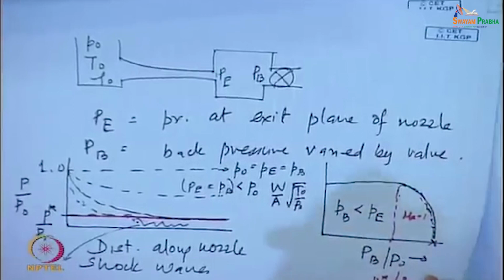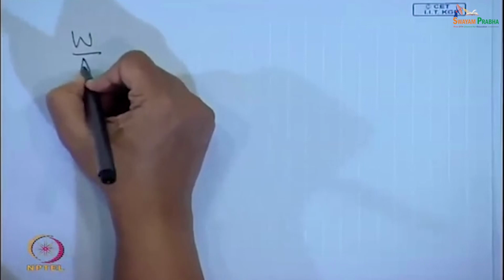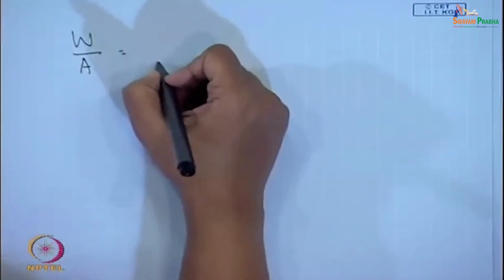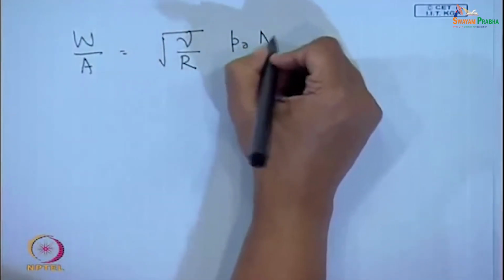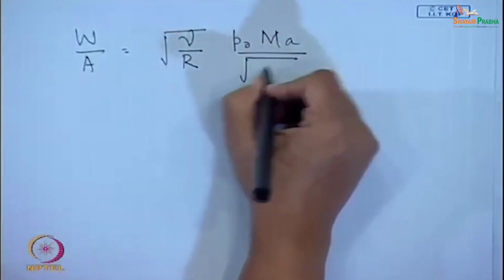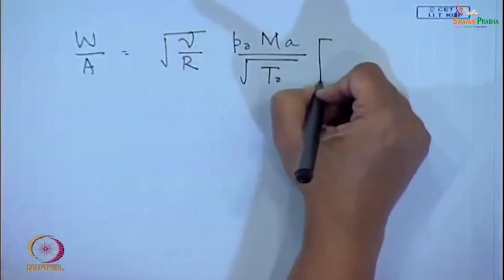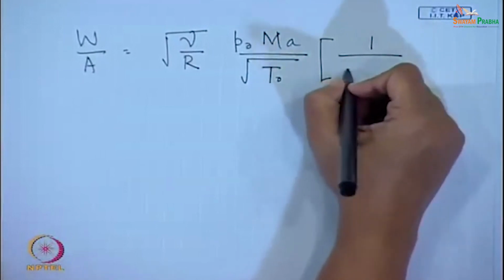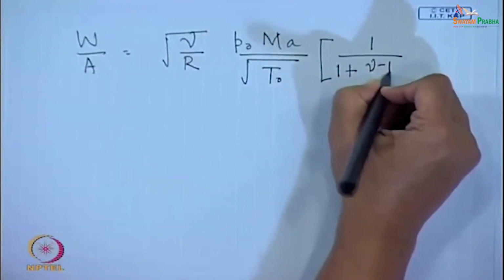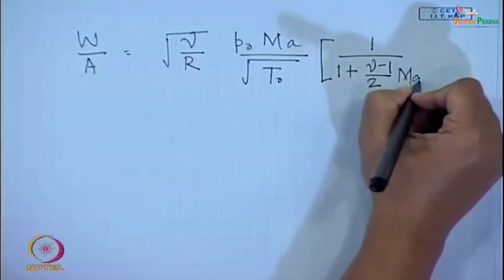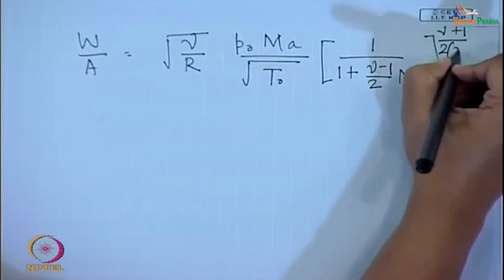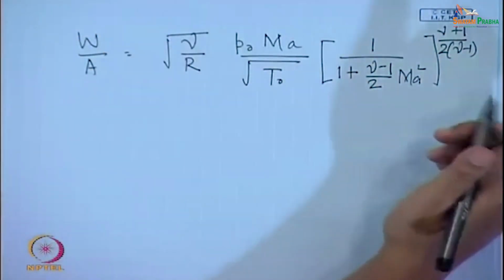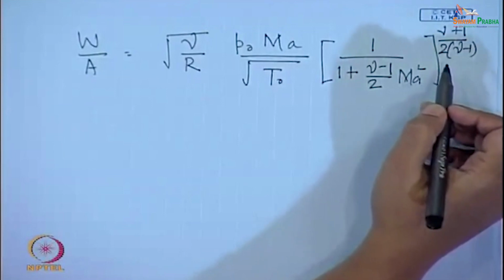I will write down W by A once more. This is root gamma, this is what we had obtained.